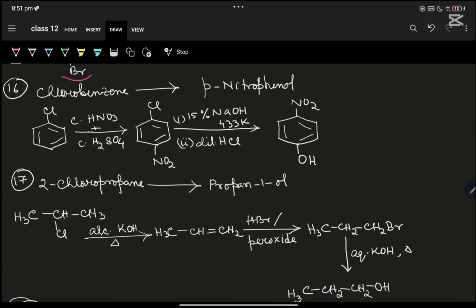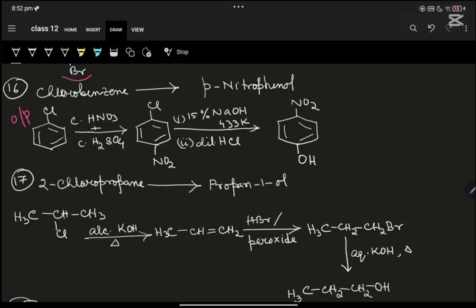Chlorobenzene to para-nitrophenol. Now nitro is to be introduced, OH is also to be introduced. Which one is to be introduced first? Obviously you have to first introduce something that will help you bring in the other group at the para position. Here you see chlorobenzene is ortho-para directing, right?